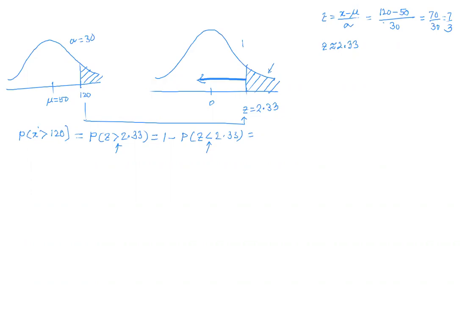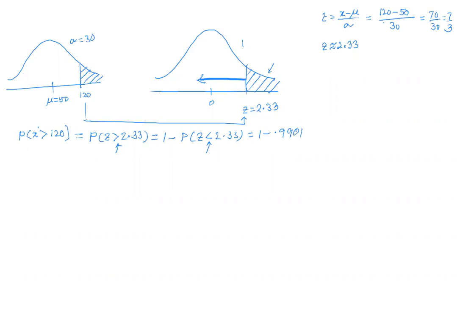What do you got here? 1 minus something. What is that something? 1 minus, it should be 0.9 something. .9901. Thank you. Who is it? Jessica. Thank you, Jessica. 0.9901.